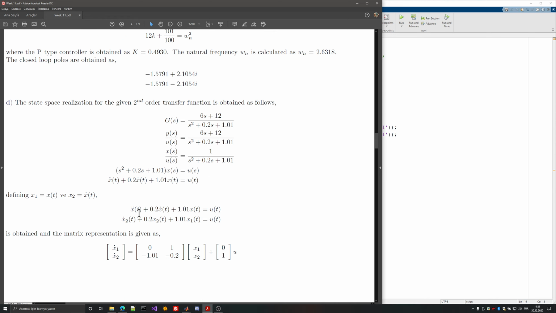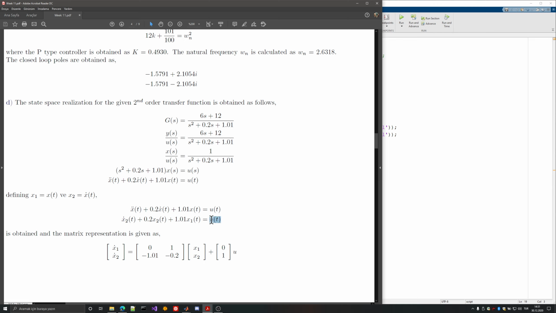Using this differential equation, it's always possible to get this structure, and you will always experience that the first row or the first n-1 rows will be a special structure that generates 0, 1, 0, 0, 0, 1, and then your differential equation coefficients, namely minus this and minus this in this order.